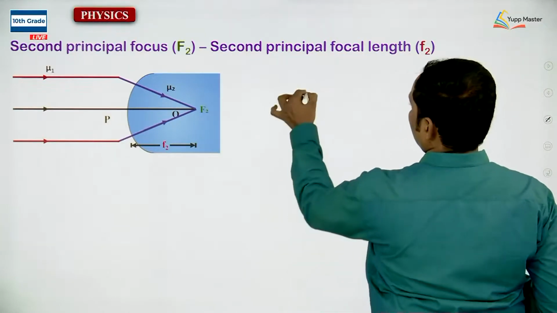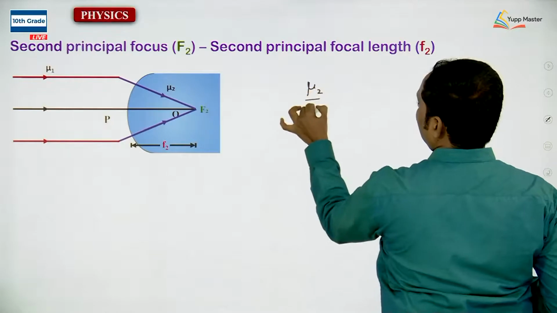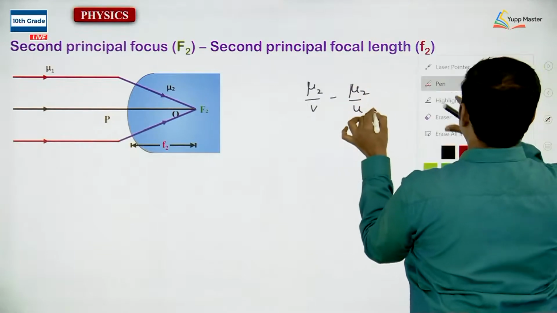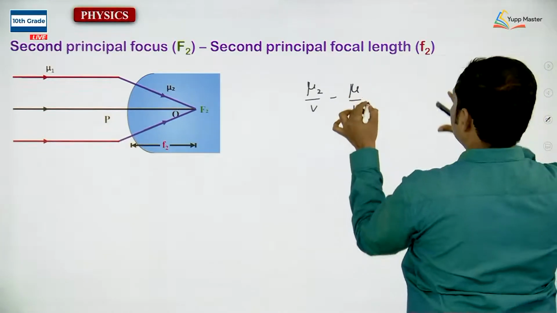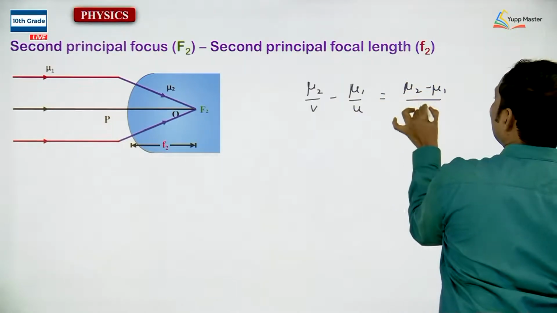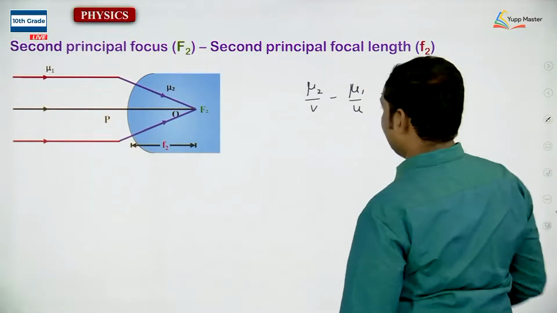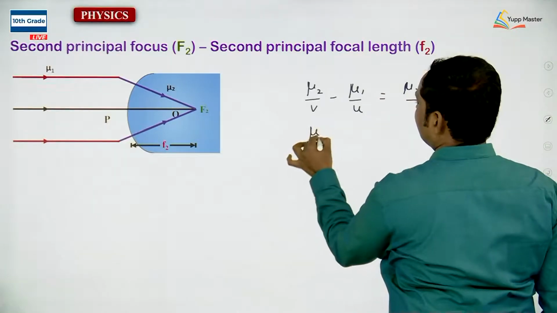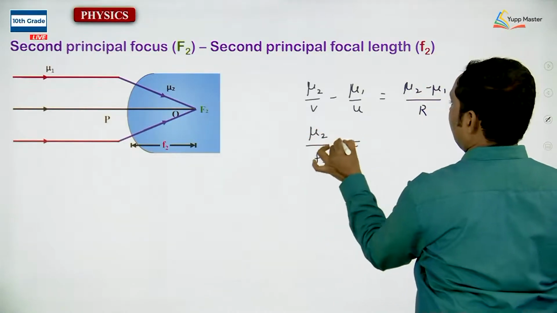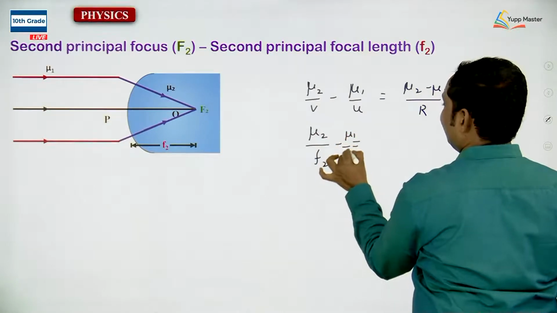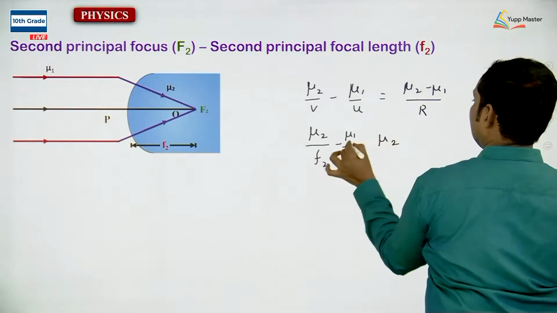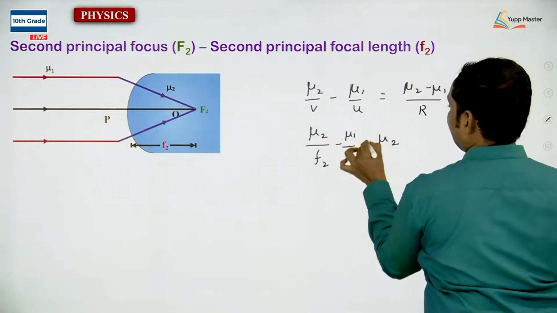Now if you take the same relation, mu2 by v minus mu1 by u is equal to mu2 minus mu1 by R. Here mu2 by v, it is going to be F2, minus mu1 by infinity, that is mu2 minus mu1 by R.